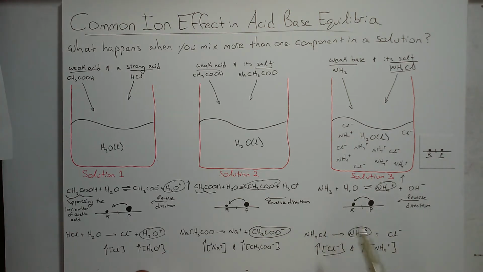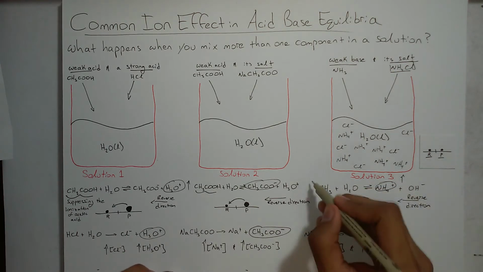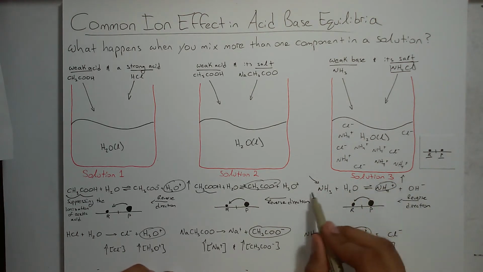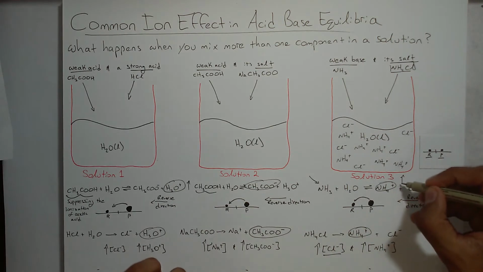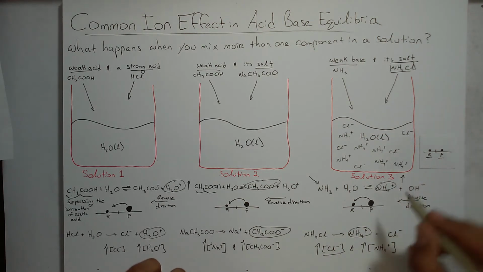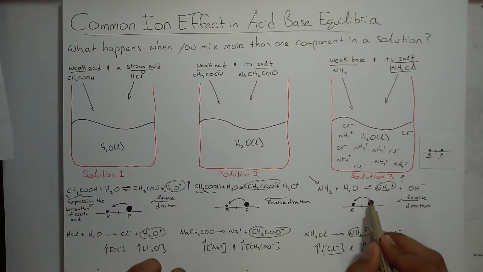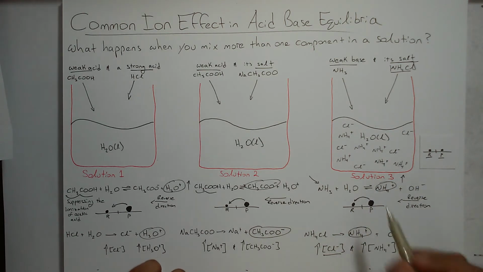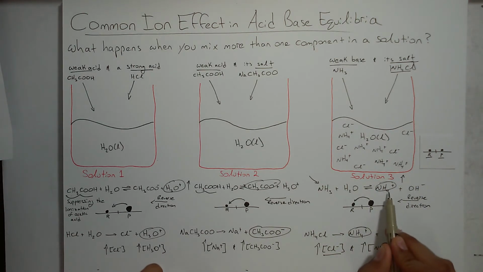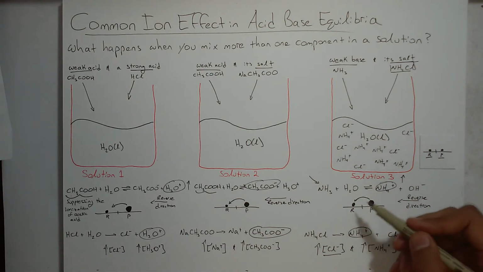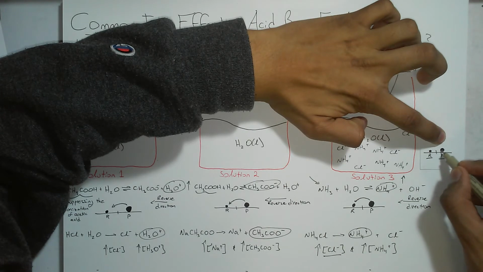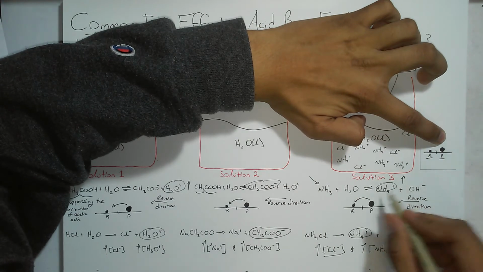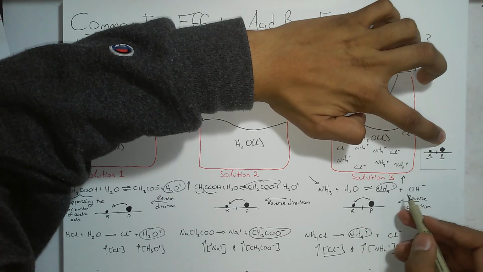If I look at this top reaction over here, the ionization of ammonia, we know that if we increase the concentration of NH4+, this reaction is going to shift in the reverse direction. Because if I'm increasing the concentration of NH4+, I'm increasing the amount of products. So remember, I go to my scale and I increase the amount of products that I have, because NH4+ is a product of this reaction.